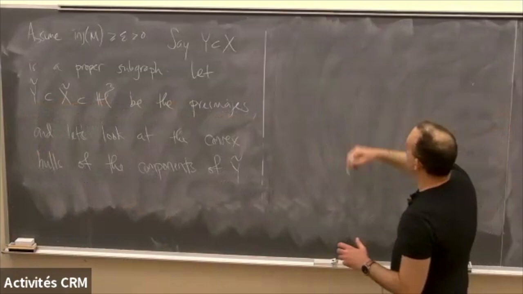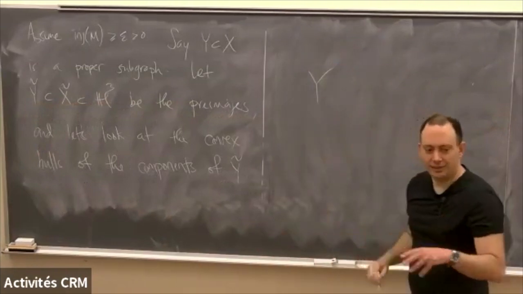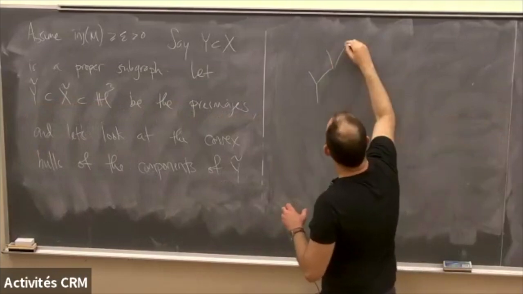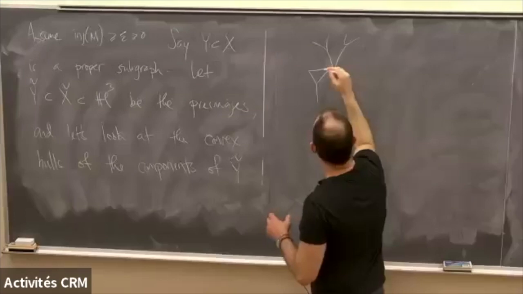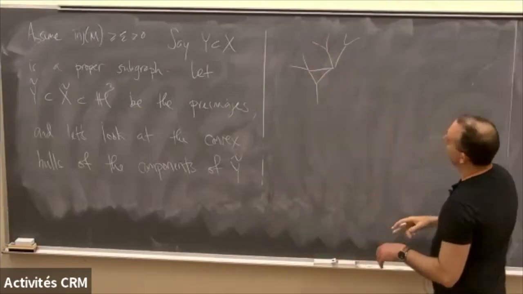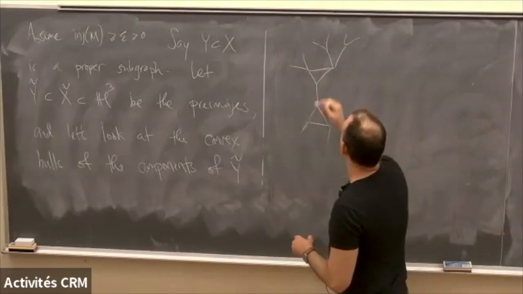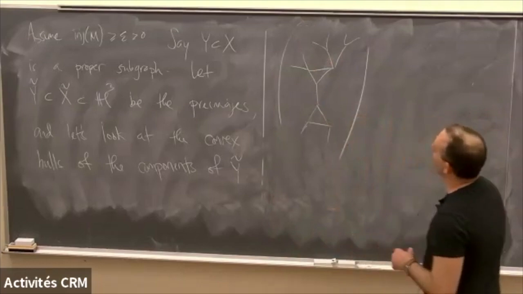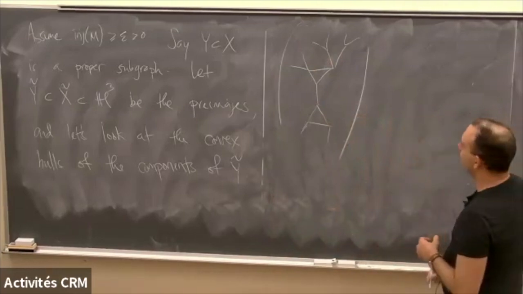Here's the picture you should have in your mind. Please don't sue me if my angles are not 2π/3. Maybe this is one component of Ỹ, and then I take its convex hull.